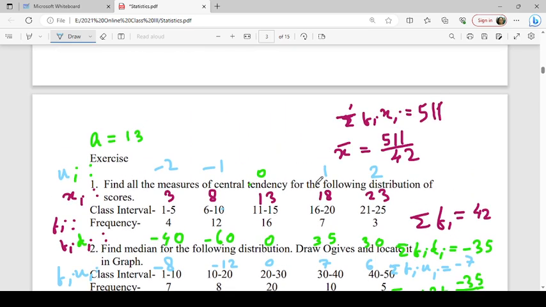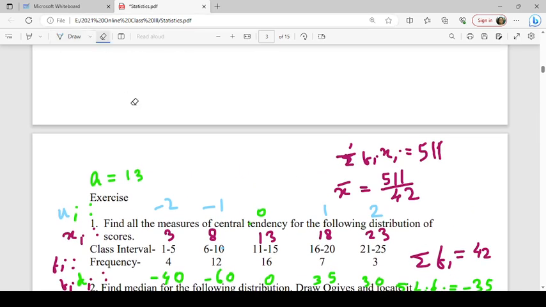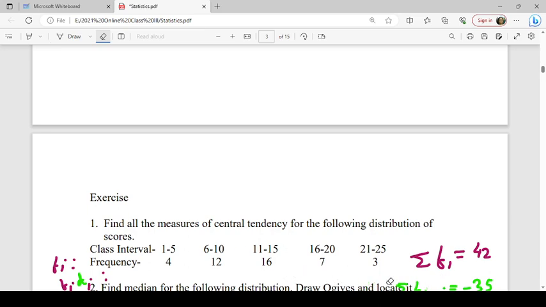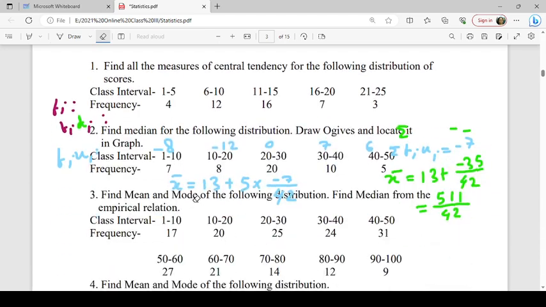Next, I'll erase everything. This is for mean, we got it as 511 by 42. Next we go for median. For median we need the less than cumulative frequency. We find the less than cumulative frequency for this table.